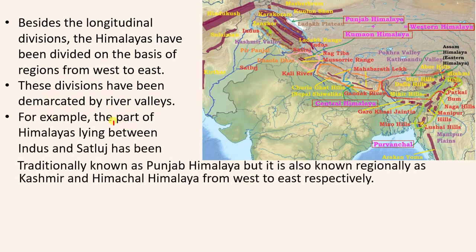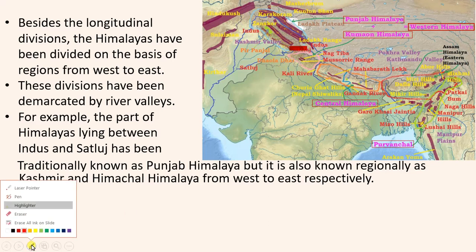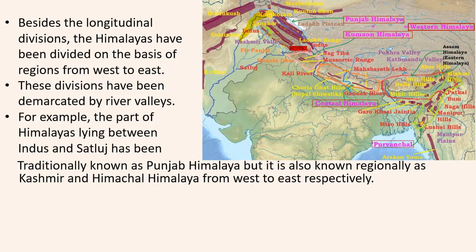For example, the part of the Himalayas lying between the Indus and Satluj. The Indus River is there, this blue color river, and this one is the Satluj River.